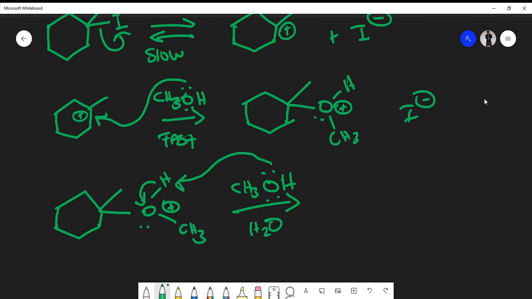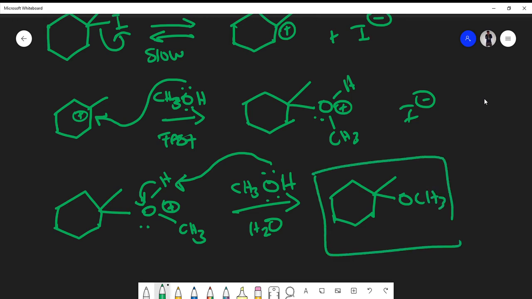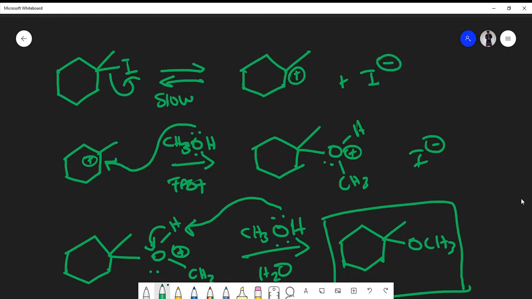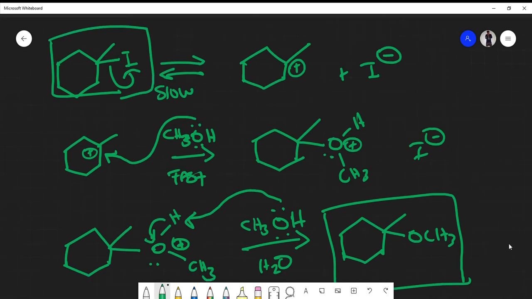So using methanol, and essentially what we get is this as the product. So we go all the way from this reactant to the encircled product down below.